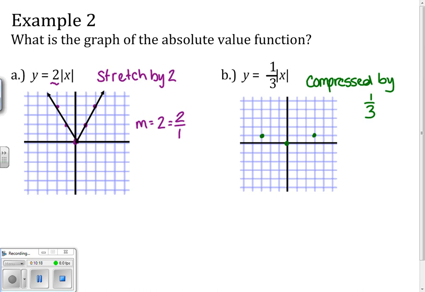So what ends up happening with a compression, and again, imagine that putty or that Laffy Taffy or whatever it is that's kind of stretchy, imagine now instead of pulling it up and down at the same time, imagine now if you're squashing it. So you put it between your hands and you're pushing in on it. That ends up making it flatter. Okay, so stretches will make your absolute value graph much taller, stretch them out, while compressions will push them down and make them flatter.